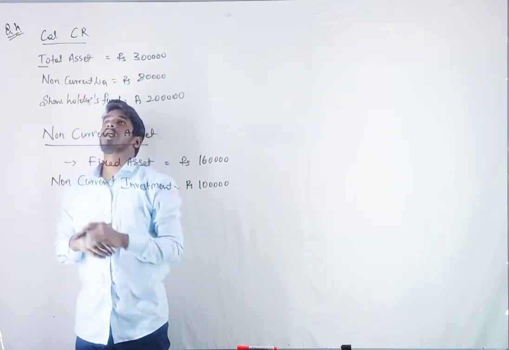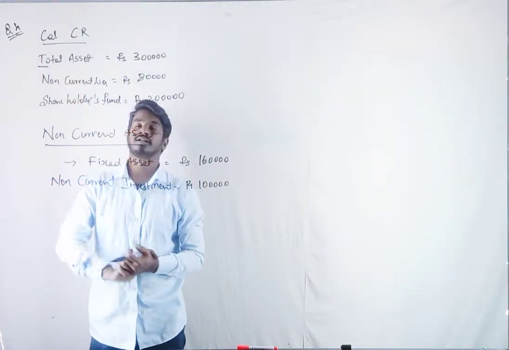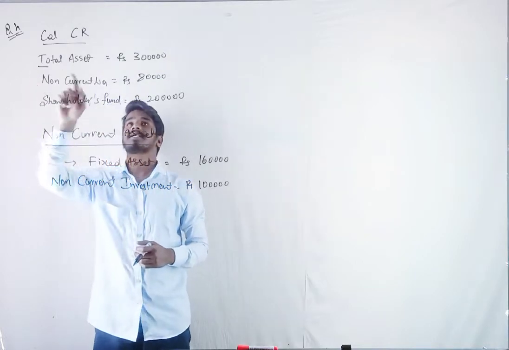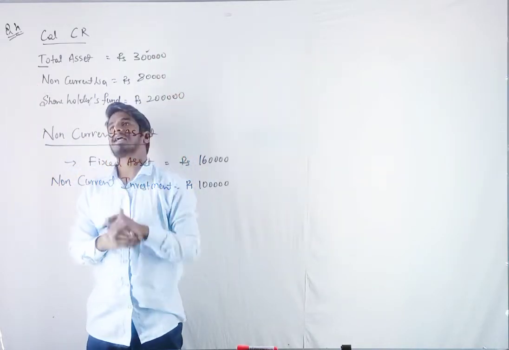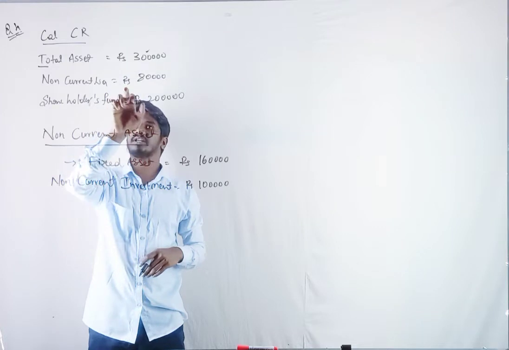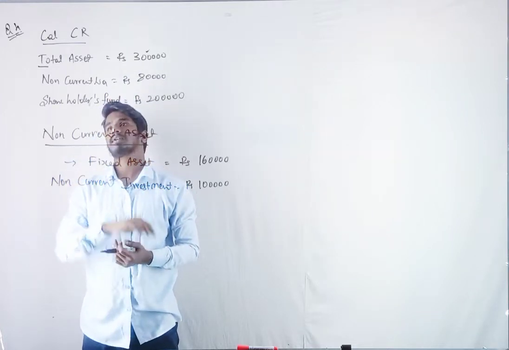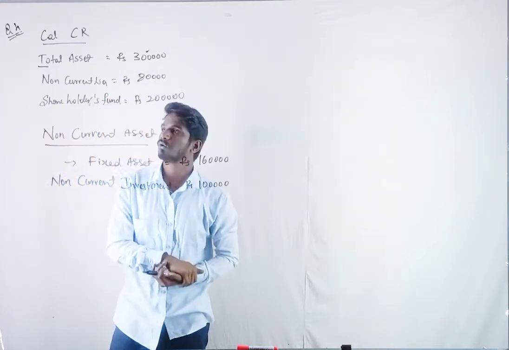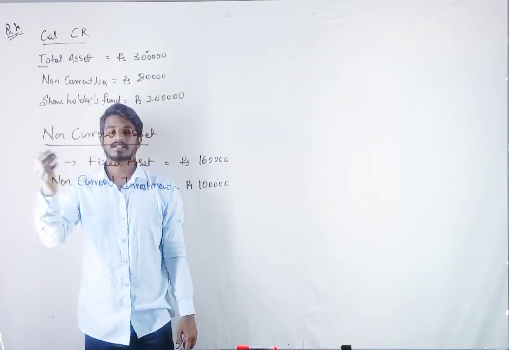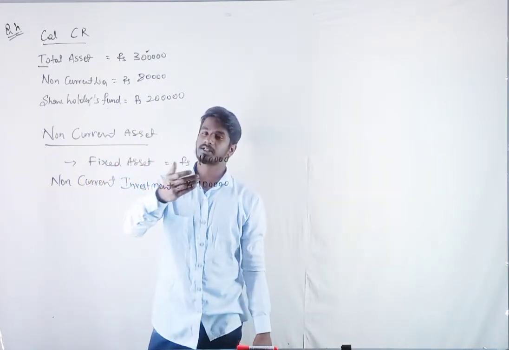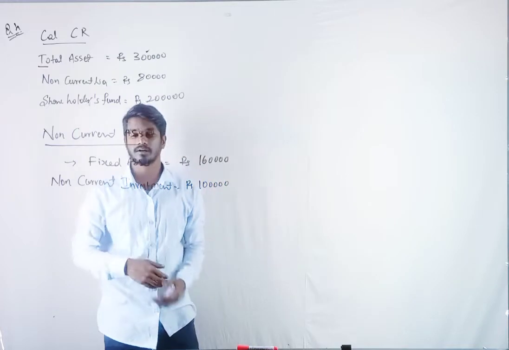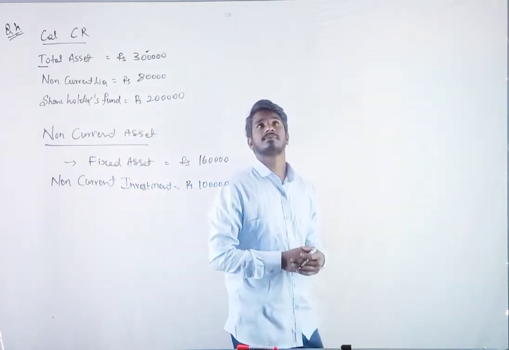They have asked for current ratio, fine. Total assets they have given 3 lakh. Non-current liability 80,000. Shareholders fund 2 lakh. Non-current asset: fixed asset they have given 1 lakh 60,000 and non-current investment 1 lakh.